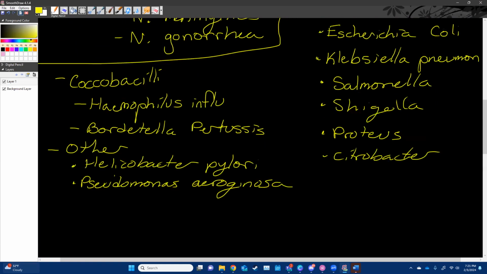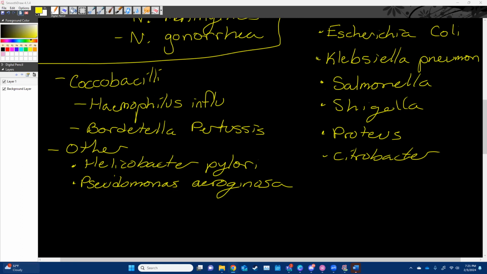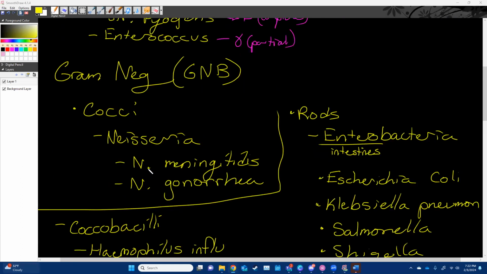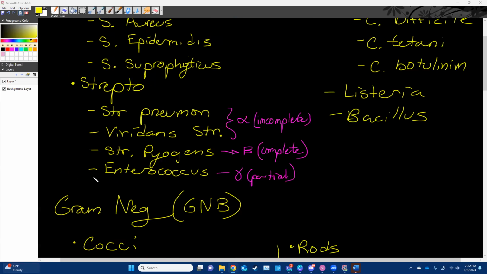Where does enterococci go? Enterococcus is down here. It's a type of strep. I don't think it necessarily goes there.